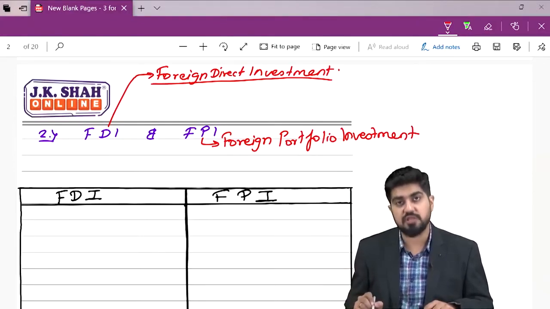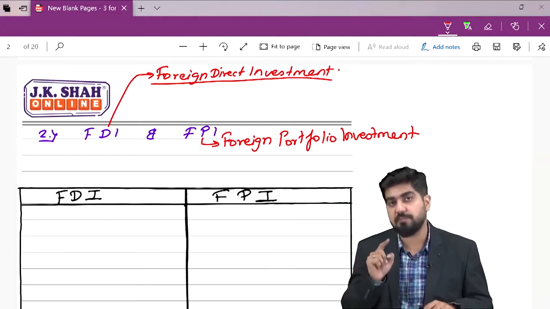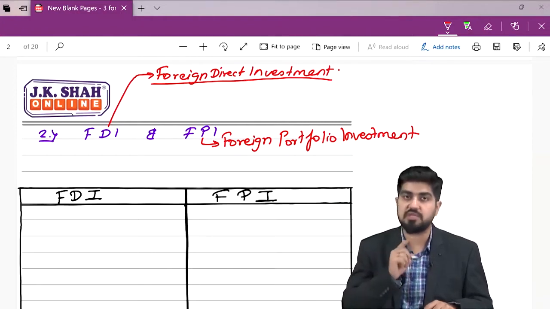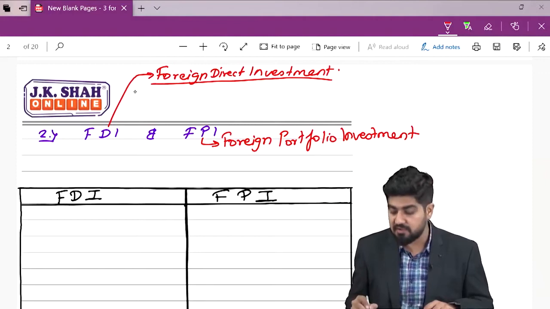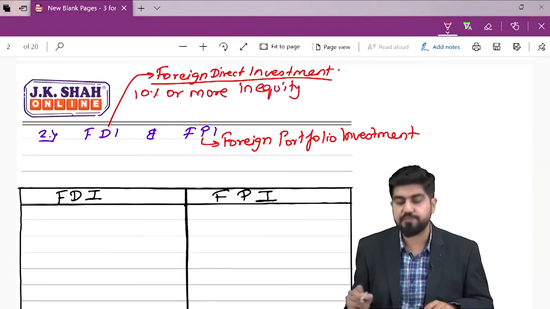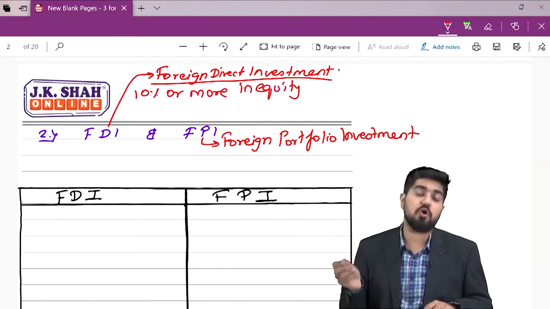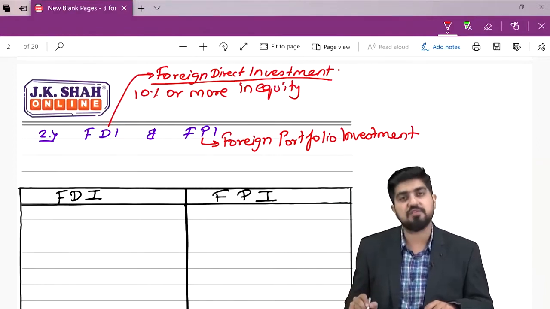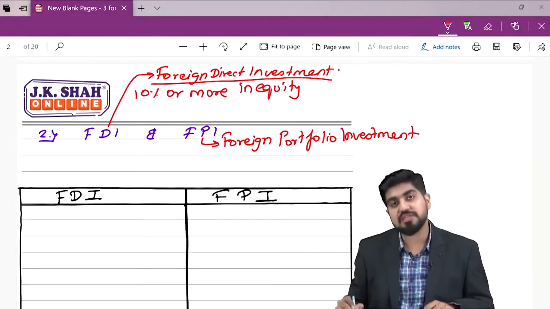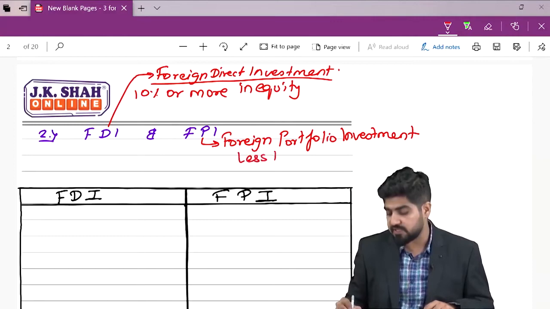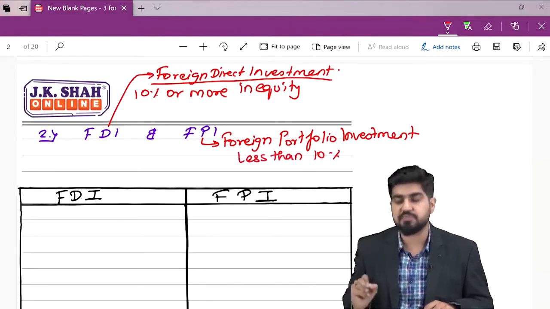So, if a foreign company or an investor from foreign country is investing in your company and taking 10% or more in equity from you, they are becoming your business partner and they take 10% or more of your business, then such kind of investment will be called as FDI. But when will you call it as FPI? Whenever the investment is less than 10%.